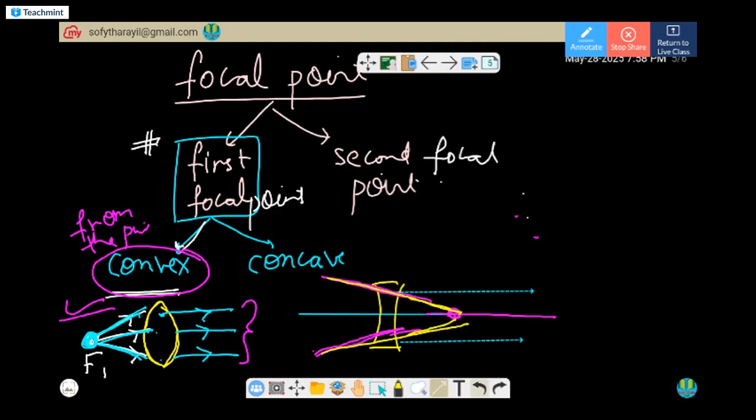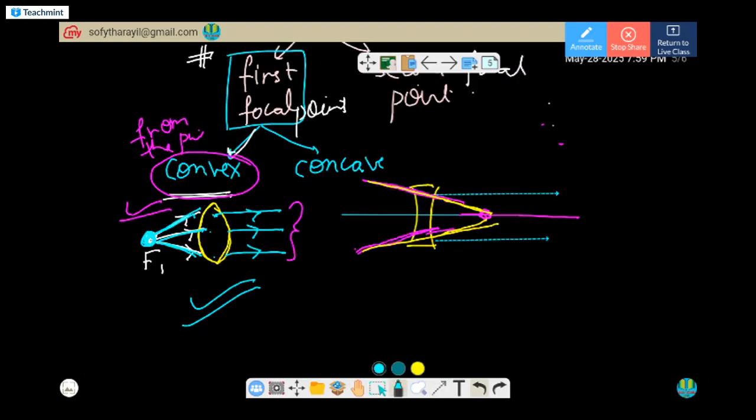So the concept is, after refraction, rays should become parallel. Now, how are they becoming parallel? In the case of convex, the rays come from the focal point on the left side. For the concave lens, they're not coming from the focal point; they're coming from somewhere and want to meet the focal point, but after refraction they don't actually meet it, rather they become parallel.